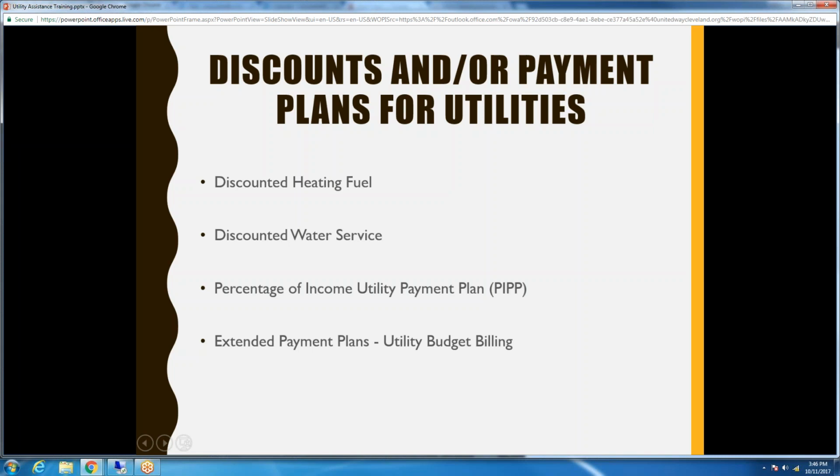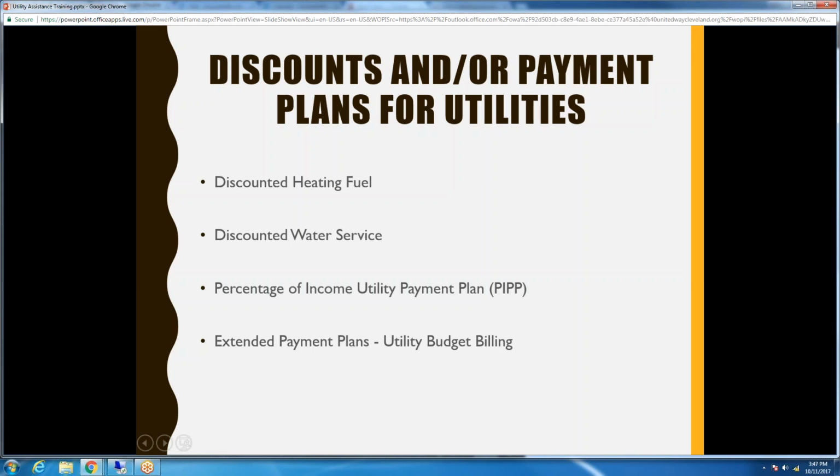PIP Plus, or PIP, can be found and referred with the actual application site using the Percentage of Income Utility Payment Plan taxonomy term. And by the way, PIP is the same as PIP Plus. A few years ago, there was a change made to PIP, supposedly for the better, and because of the changes, they changed the name to PIP Plus. So technically, there really is no such thing as PIP. It's PIP Plus.